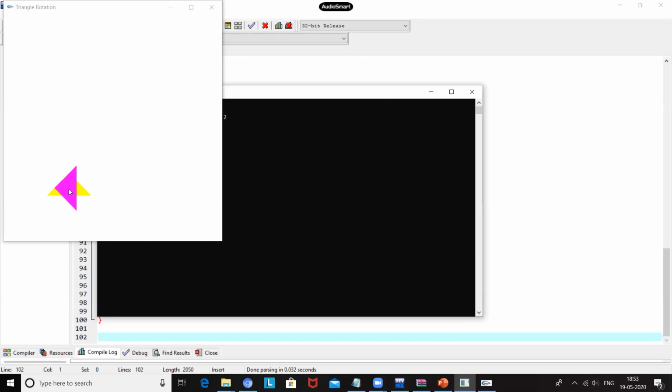That is because it is being rotated about the centroid of the triangle. We can test this program by changing the values of the origin, and we can also change the fixed point values, and give different colors, and test this program. Thank you.